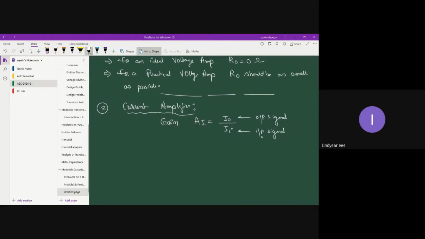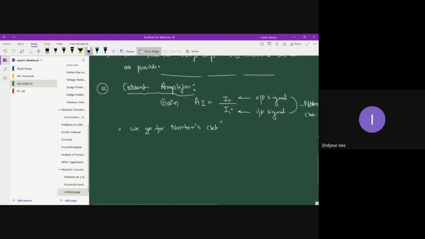Since both the signals are currents in nature, we go for Norton's circuit. We go for Norton's circuit since both are currents. All right, let's do it.